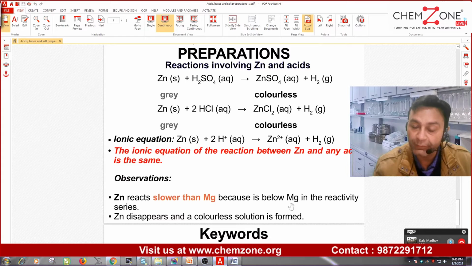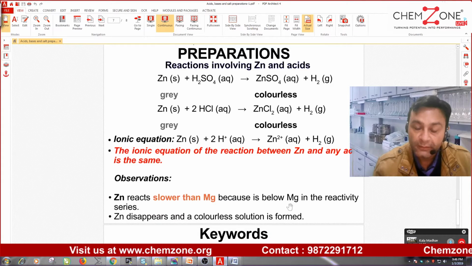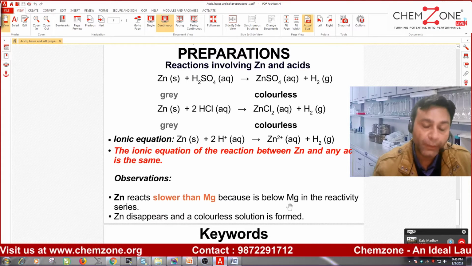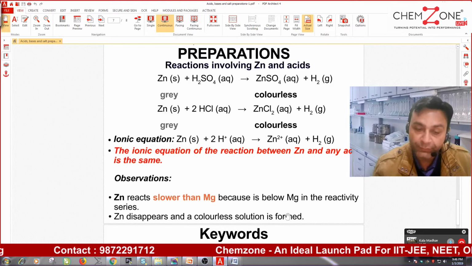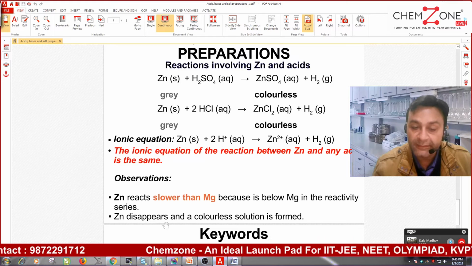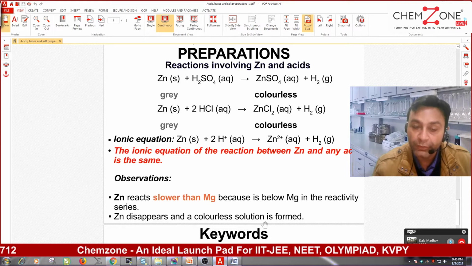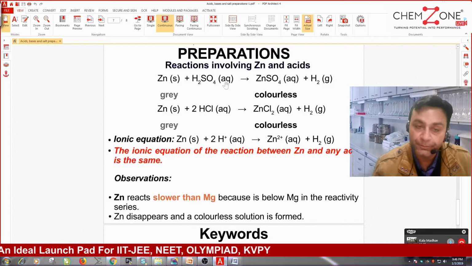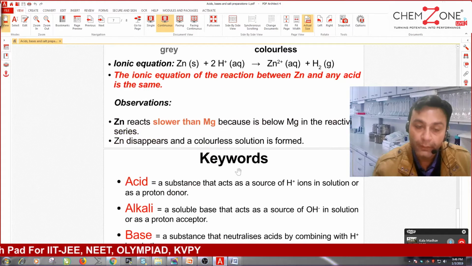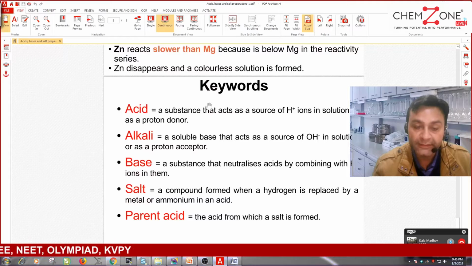The ones that are lower in the reactivity series are less reactive. So zinc disappears and a colorless solution is formed, but it is slow compared to magnesium. I think these four points are clear.